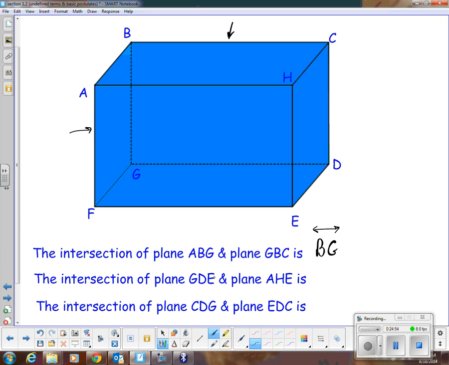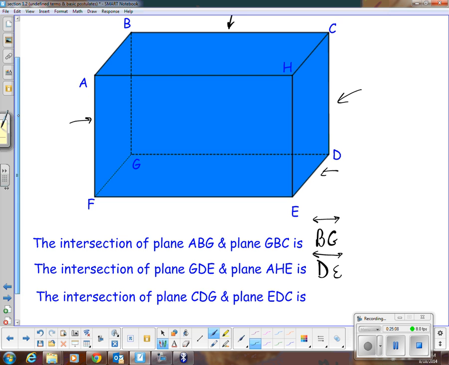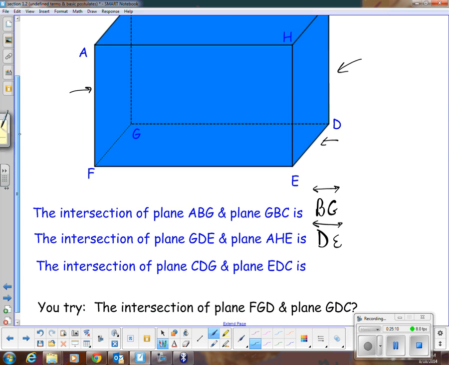Intersection of plane GDE, that's the bottom. EDC, that's the right. Where does the bottom and the right intersect? I believe that is line DE, or you could say line ED.